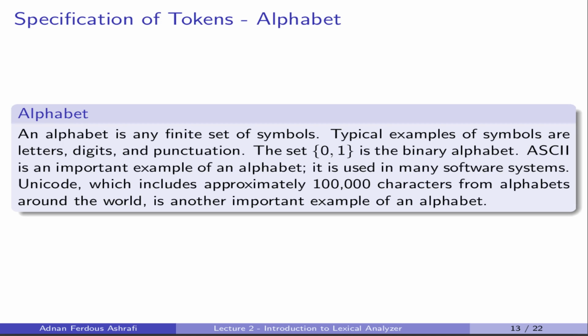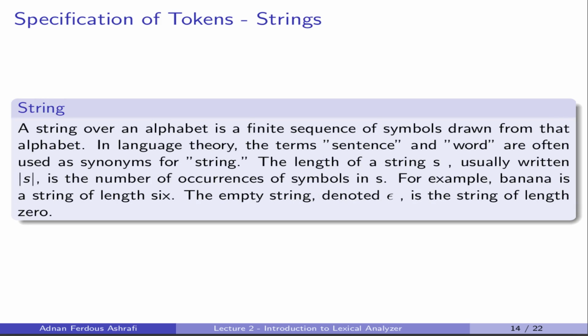So ASCII character ছাড়া আমরা অন্য কোনো কিছু আমাদের programming language-এর মধ্যে specify করতে পারি না। আচ্ছা, Unicode, which includes approximately 100,000 characters from alphabets around the world, is another example of an alphabet, right? So, alphabet is just a set of characters that forms a language, that forms a token, that forms anything, any keyword, anything, alright? Okay. So, next comes is strings.